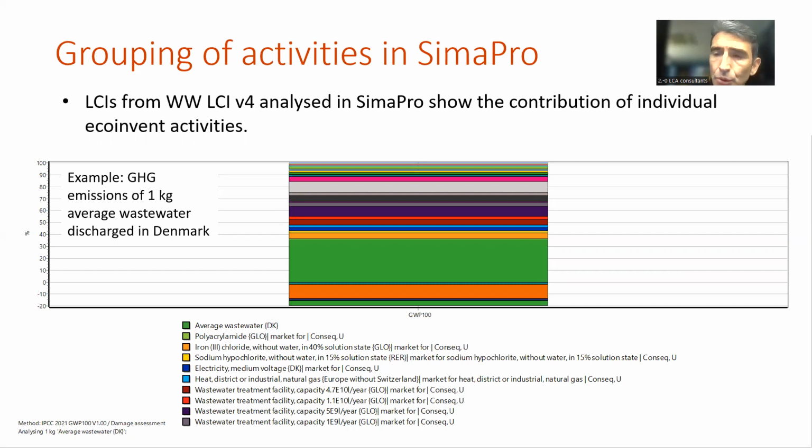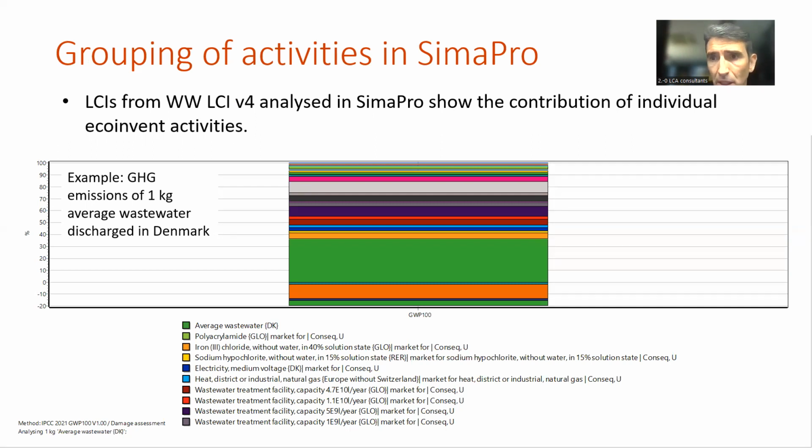What I did here was to export to SimaPro the inventory for 1 kilogram of average wastewater discharge in Denmark, and I pushed the button to assess that data set for greenhouse gas emissions. And this is how you would look at the results in a graph format.